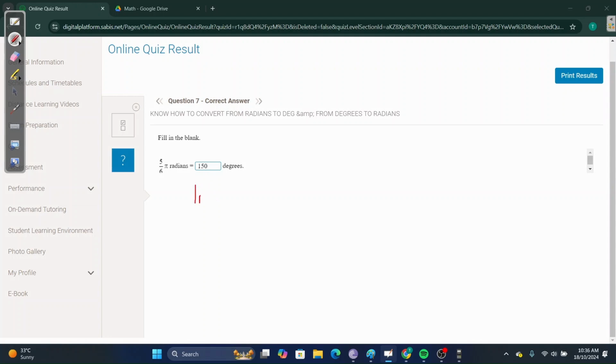So we know that 1 radian is equal to 57.3 degrees. So you're going to multiply both sides by 5 pi over 6 to get 5 pi over 6 radians, or 5 over 6 pi, is equal to 5 over 6 pi times 57.3.